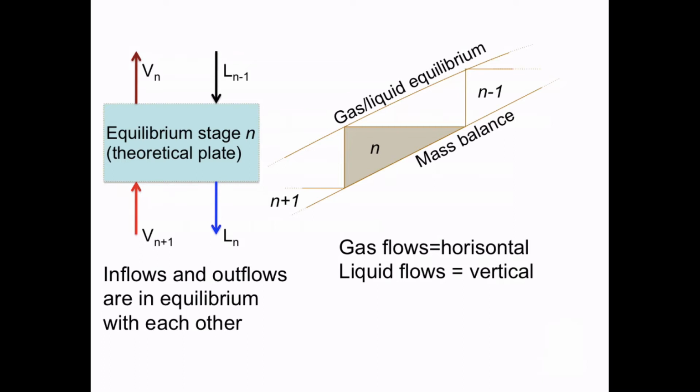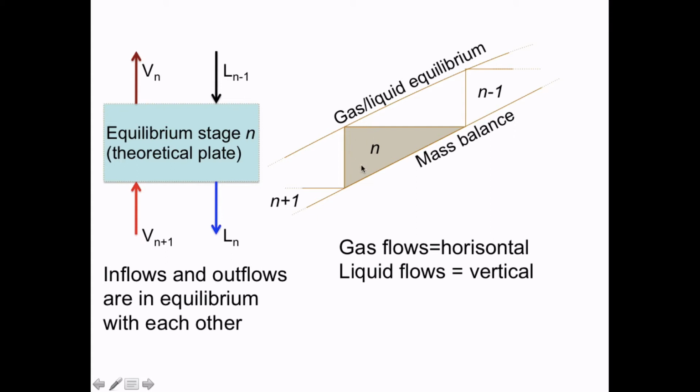When we dealt with distillation, we used McCabe-Thiele's graphical method, and we had these mass balances we drew as straight lines, and then we draw triangles between the mass balance and the system curve, the gas-liquid equilibrium.